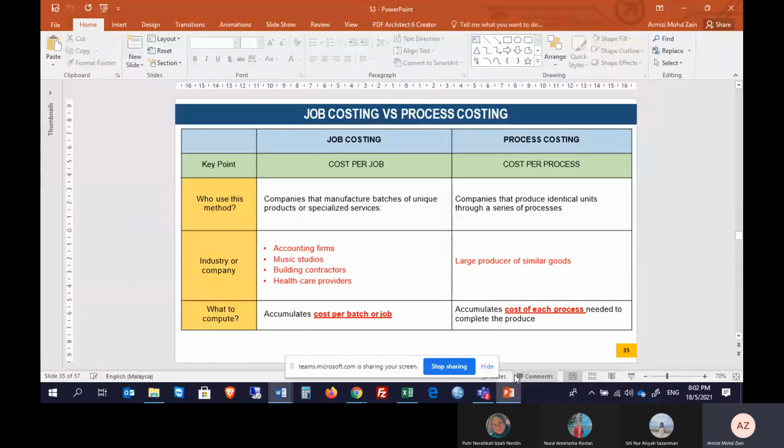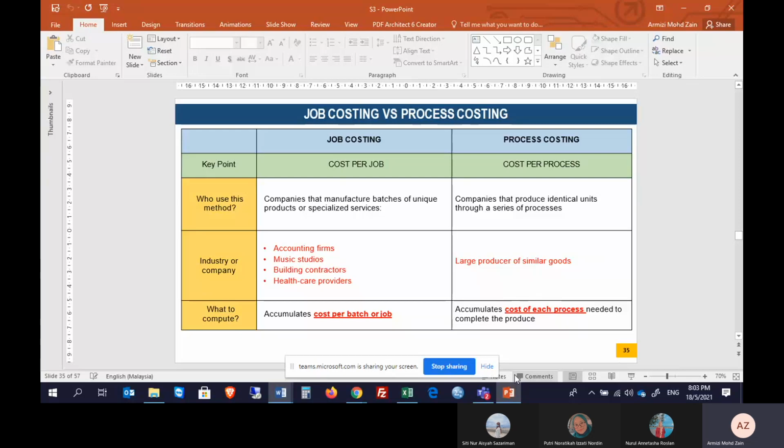While for process costing, companies that produce identical units through a series of processes. There is a comparison there: job costing is a unique product or specialized service, while process costing is a series of processes.